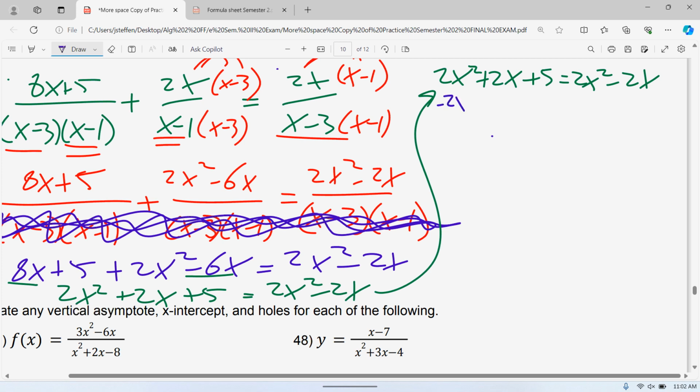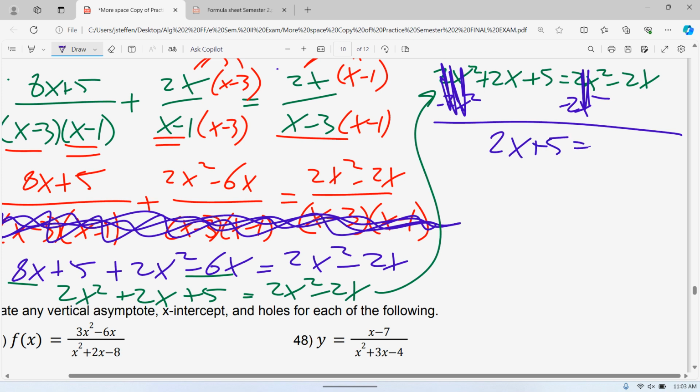So we actually don't have any quadratic because the x squareds canceled. You could have added the 2x, you just have to remember there's a 0 on the right. So instead, I'm going to subtract the 2x from both sides. So that's 5 is equal to negative 4x. Divide both sides by negative 4.